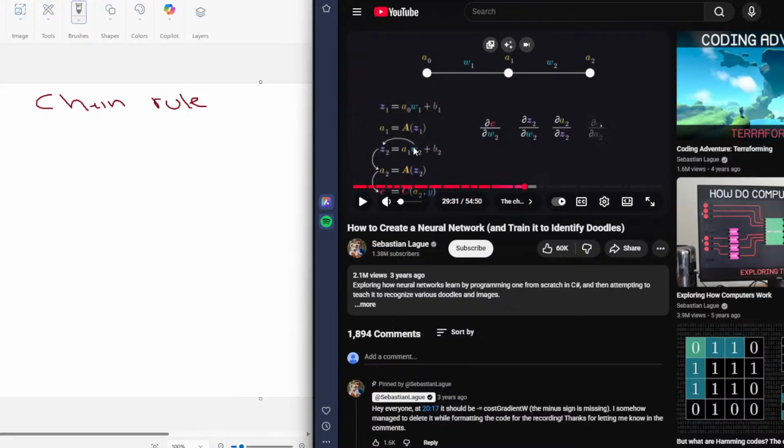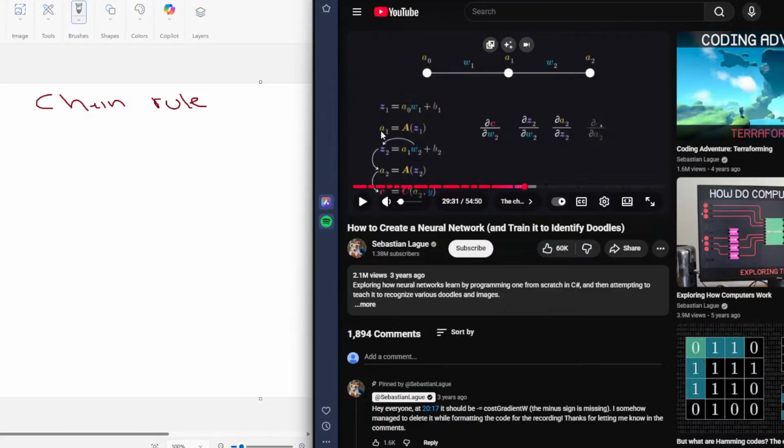Okay, so here's my interpretation: if there is a variable in a function and the result of that function is used in another function, and the result of that function is used in another function, then you could figure out how that first value relates to each and every one.